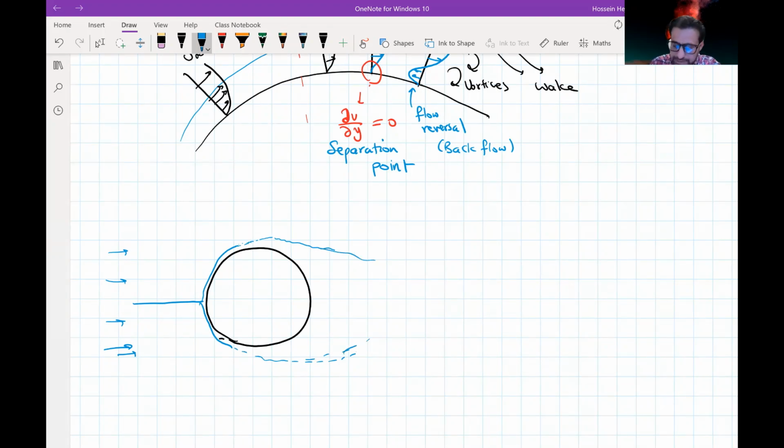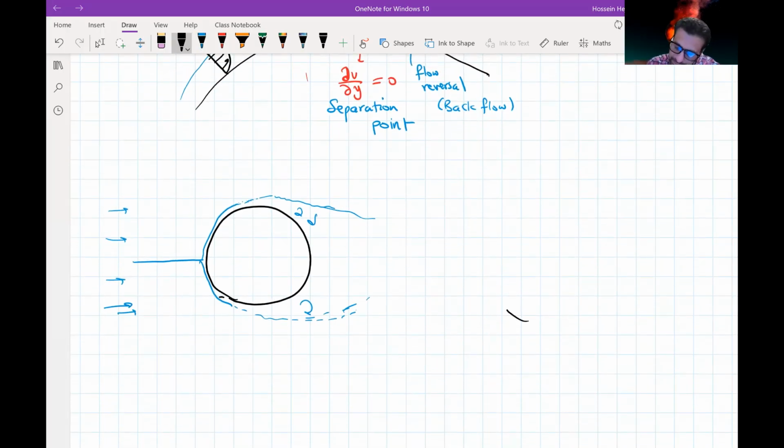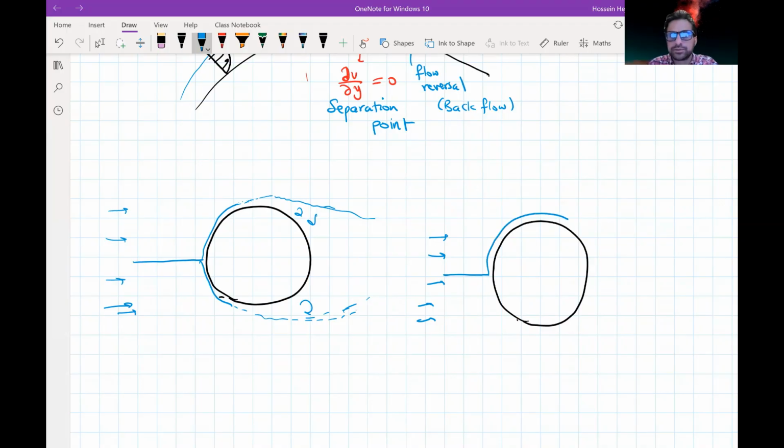This is the place where separation happens. If I have a similar case in a turbulent regime, the boundary layer stays attached up to about 140 degrees, and then separation happens.